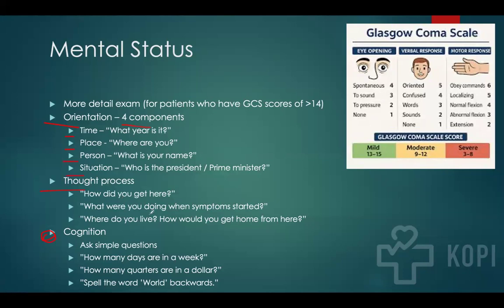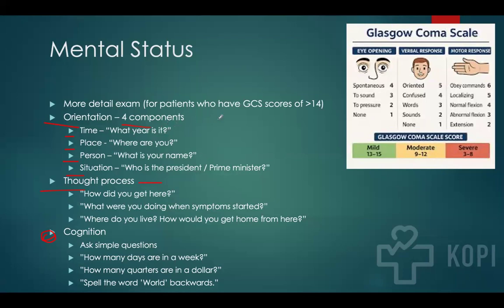Thought process, these questions are basically trying to assess how the patient is thinking through certain things. Orientation gives them a perspective of where they are in time and space. Thought process is kind of what is the past, what is the future. So it's a little bit more complex.